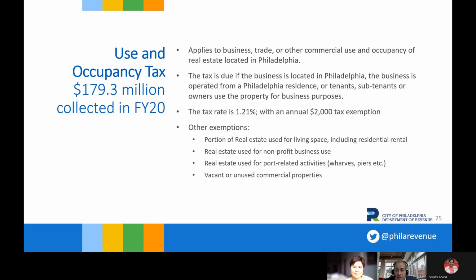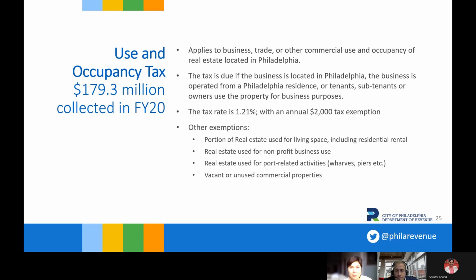And also vacant commercial properties and portions of real estate that are used for port-related activities are exempt from use and occupancy tax. Exemptions aren't granted automatically, so businesses have to report those when they're filing a UNO tax return.